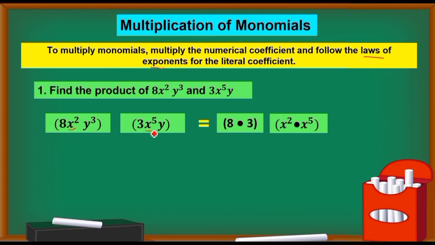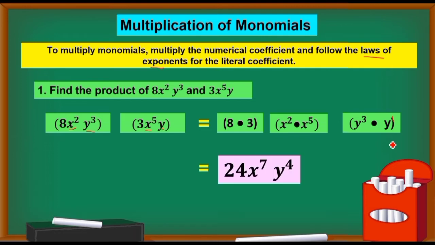So, ang x natin ay x squared, x raised to 5. And then, we have y cubed, and then y. O, tandaan, ano nga po pala kapag walang exponent ang ating variable? Meron siyang 1. Then, kung papansinin natin, 8 times 3 is equal to 24.